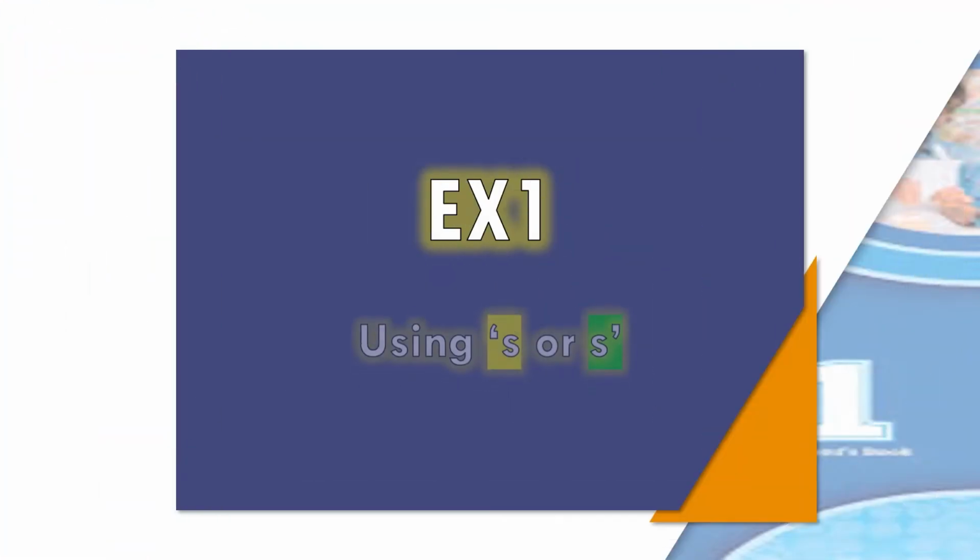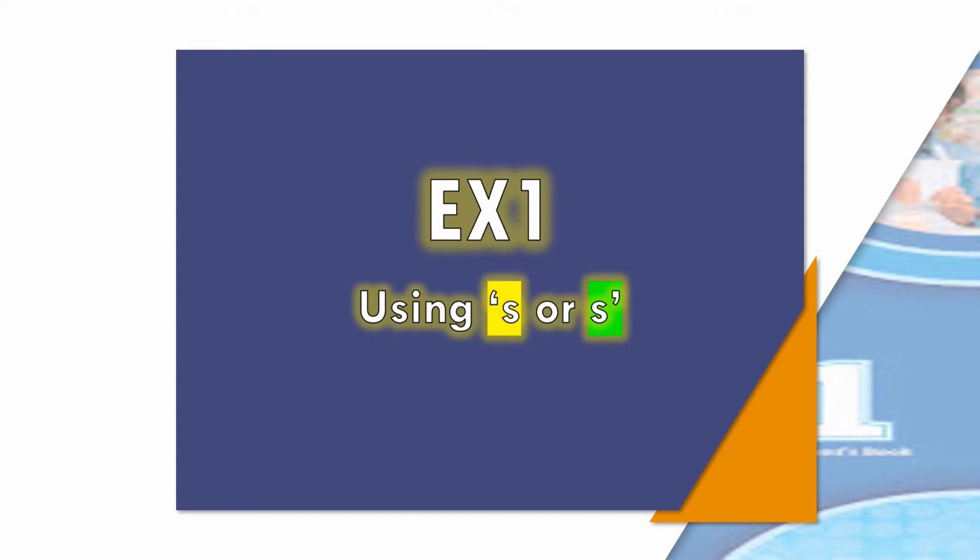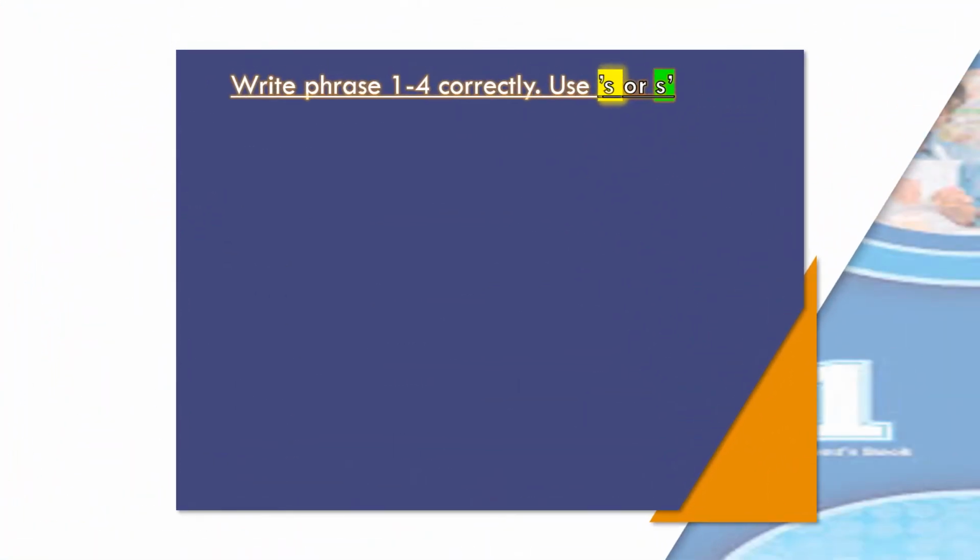Your first exercise using apostrophe S or S apostrophe. What you need to do is write phrases 1 to 4 correctly. Use apostrophe S or S apostrophe to write the answer. For example, number 1, Harry, pants. There's only one Harry, and pants, there are a lot of pants.